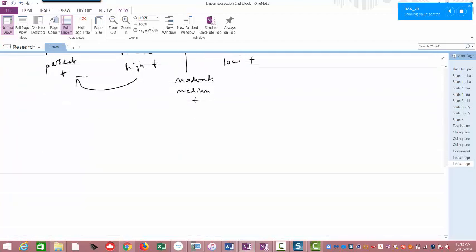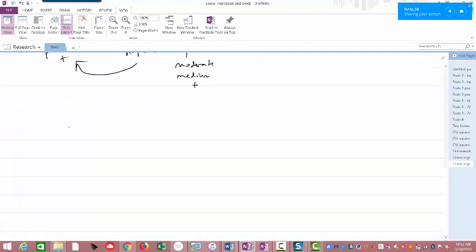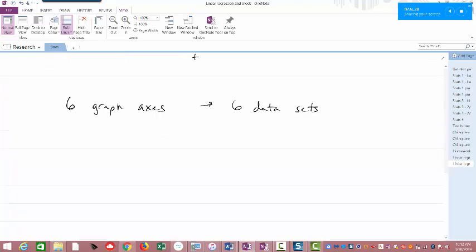So what you need to do for the assignment is look at that last page. There are 6 graph axes, and on the page before, there are 6 data sets. Each person will do 2.